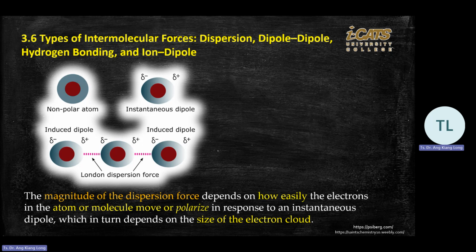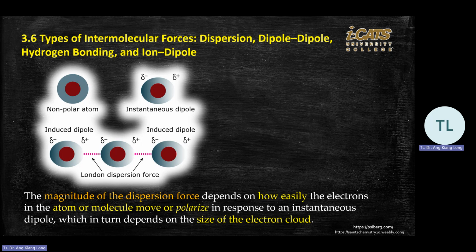However, the row is the size of the orbit. If you read from the periodic table, the row is the number of orbits you have. So the lower you go, the more orbits you have.